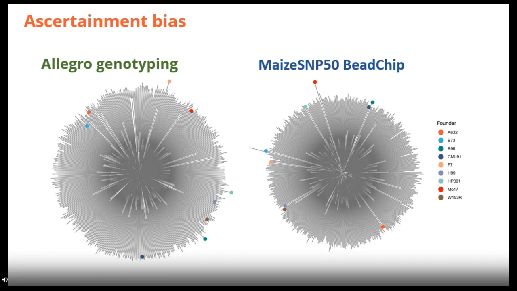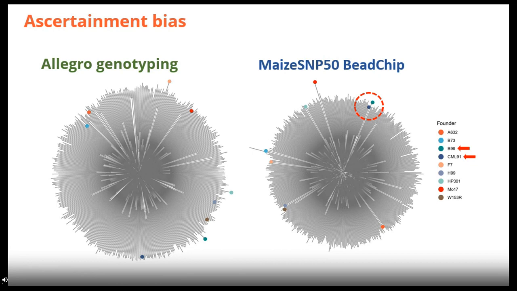Clearly, if you look at the right panel, we had quite limited ability to distinguish between some founder lines, and this made our life very hard in attempting to reconstruct the genomes of our recombinant inbred lines to perform QTL mapping.